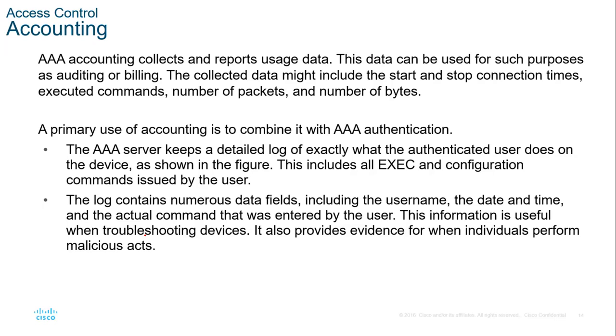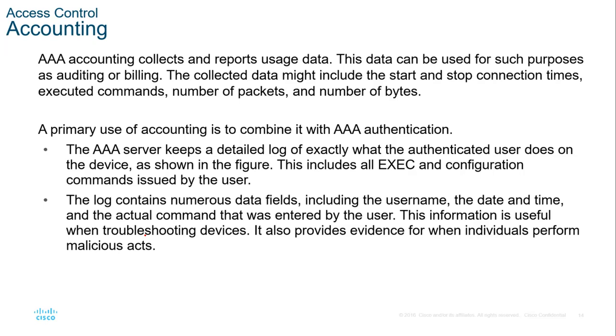The primary use of accounting is to combine it with AAA authentication. You logged into the system, what are you allowed to do? And what did you exactly do? You're allowed to do this, but did you do it?